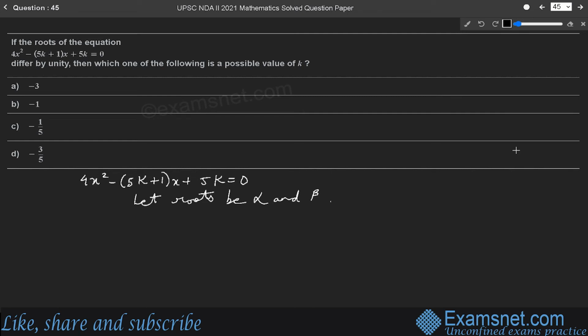Now here a is equal to 4, b is equal to minus of (5k plus 1) and c is equal to 5k.